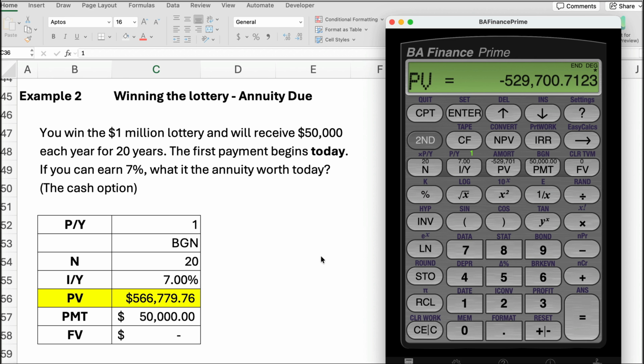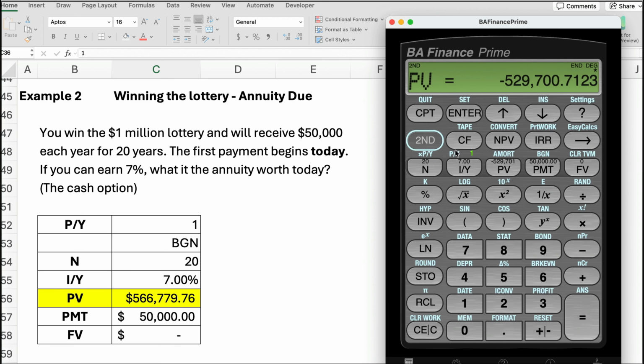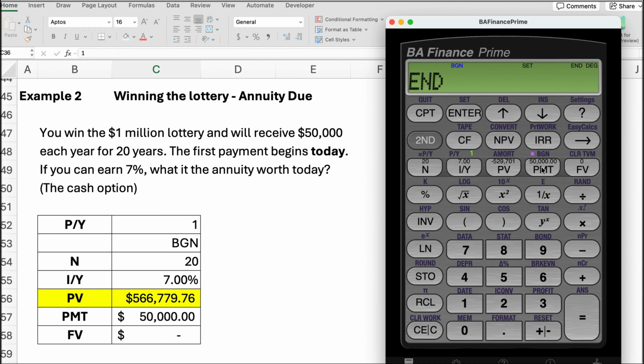Now everything's in the calculator. I don't have to erase it and put it back in. I just need to change it to be beginning mode. So in example 2, the first payment begins today, so we need to put it in beginning mode. Now above the payment, do you see BGN? Second function, BGN. This is set for ending mode, and to change it, it toggles.